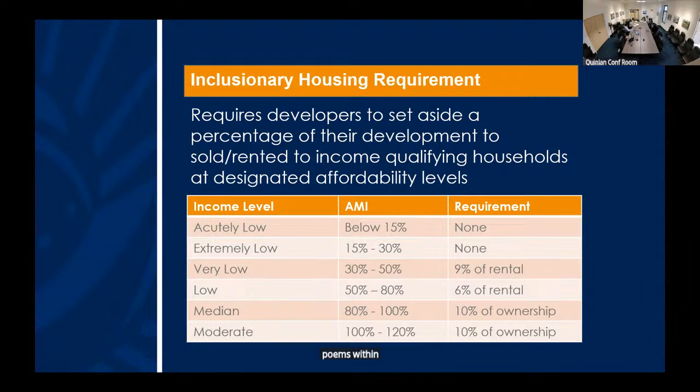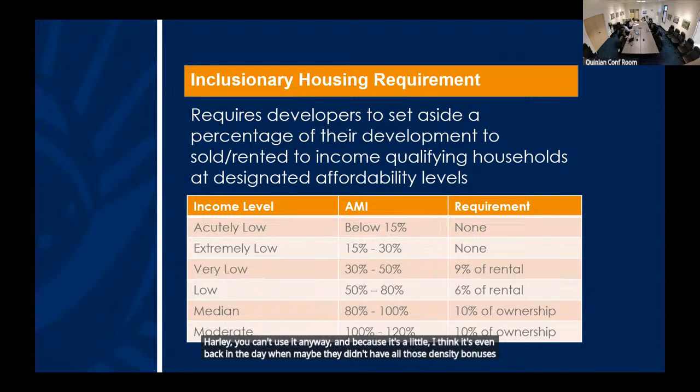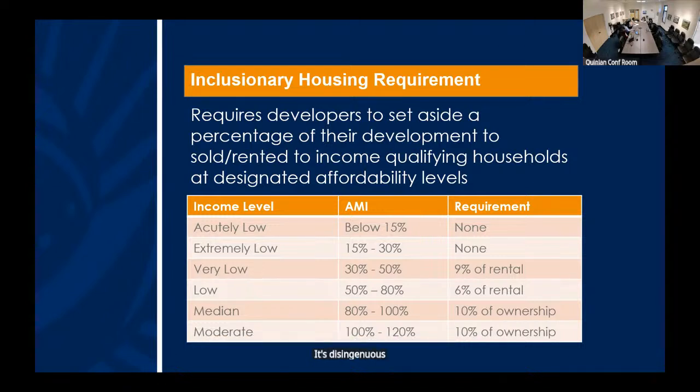So why do we have that in our manual? We might as well strike that out, because partly you can't use it anyway, and I think even back in the day when maybe they didn't have all those density bonuses, it's disingenuous to think that you can build things that are exactly the same size and yet people are gonna pay less for them, and somehow the government is gonna subsidize the whole rest of it.